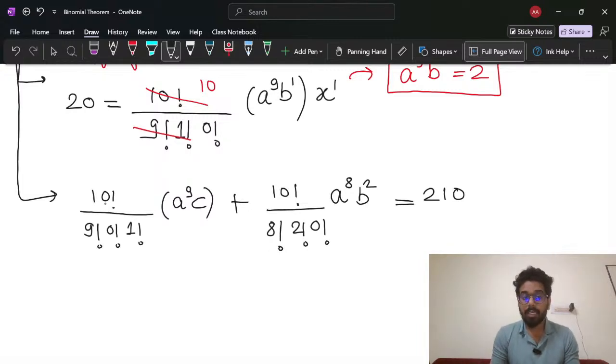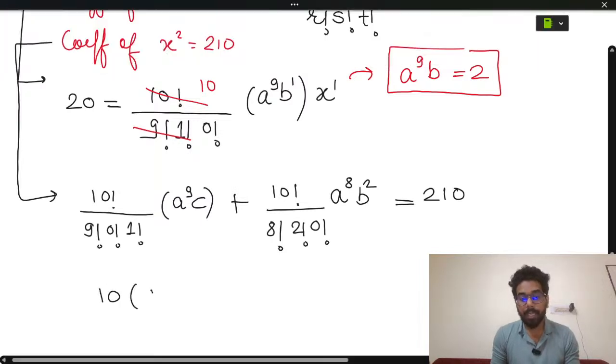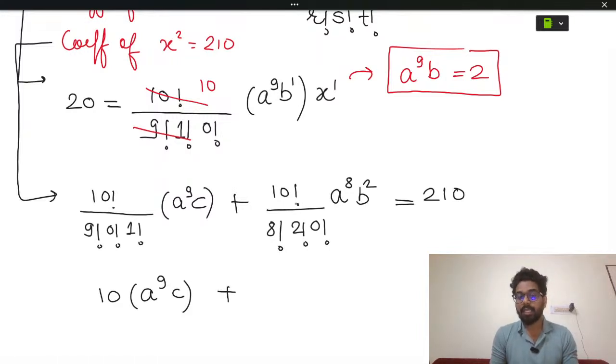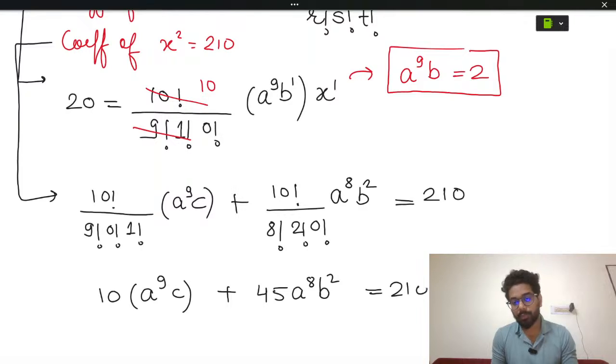Now solve this. 10 factorial by 9 factorial is 10, a power 9 into c, plus 10 factorial by 8 factorial into 2 factorial. You will calculate it by yourself, and after calculating, this comes out as 45 a^8 b^2 equal to 210.